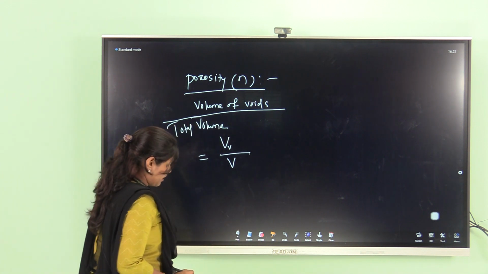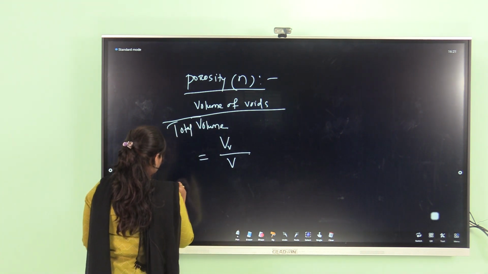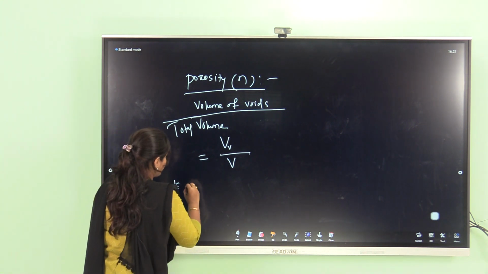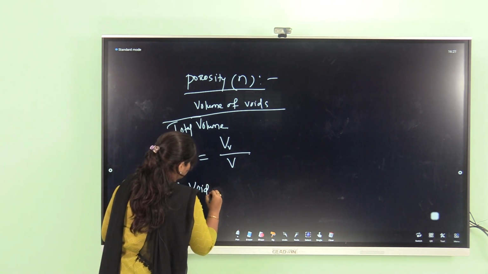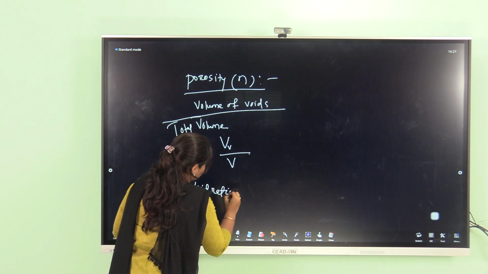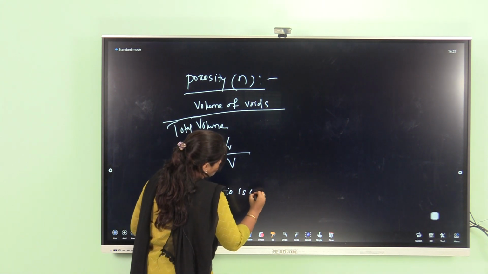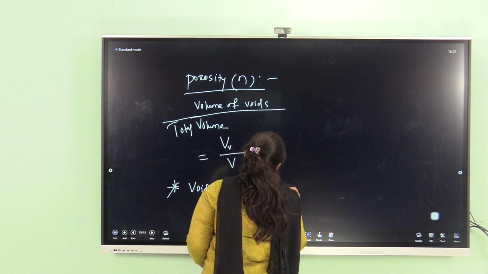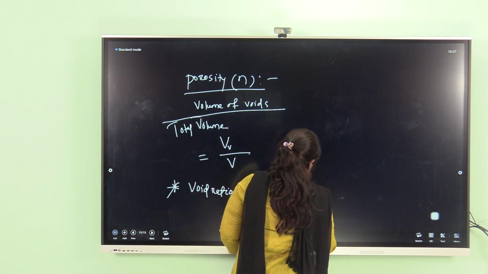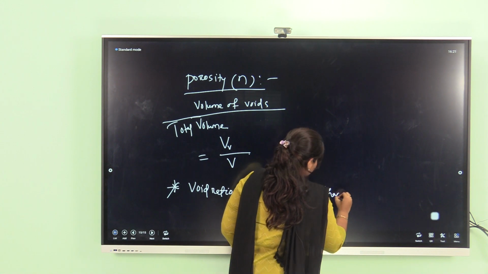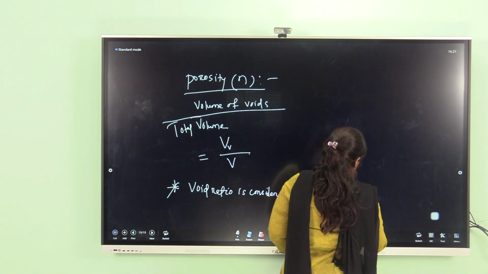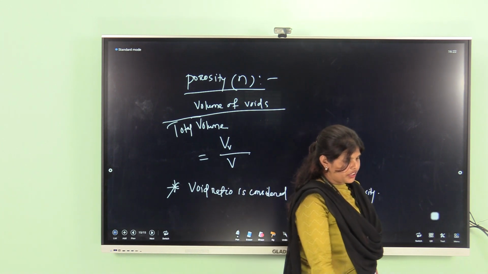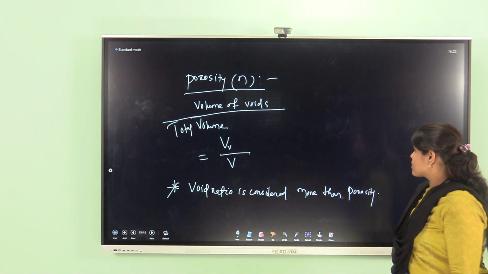Okay. And void ratio, here in a star mark we can write, void ratio is always considered more than porosity. Why is void ratio considered more than porosity?